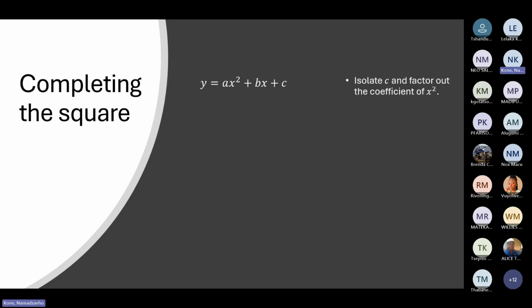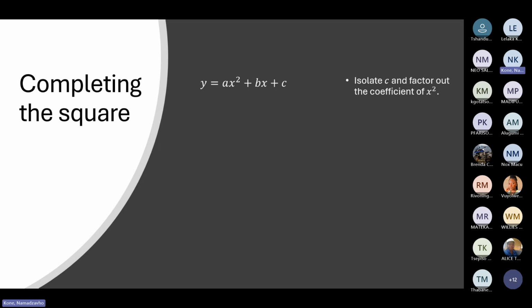The first step of completing the square, when you get an integral that has a quadratic denominator, is what is highlighted there on the right hand side. You are going to isolate c, put c aside. Don't group it together with anything else. Just leave it alone, and group together ax squared plus bx.